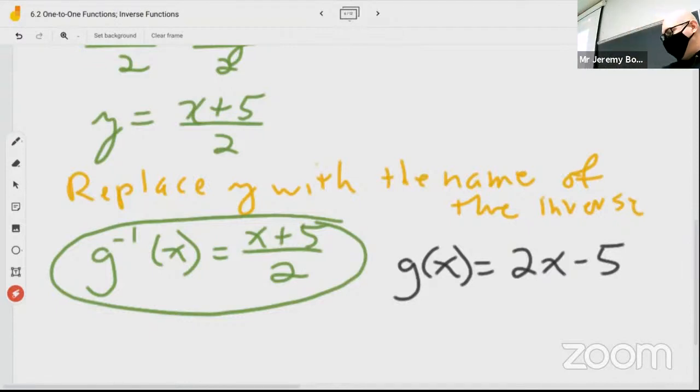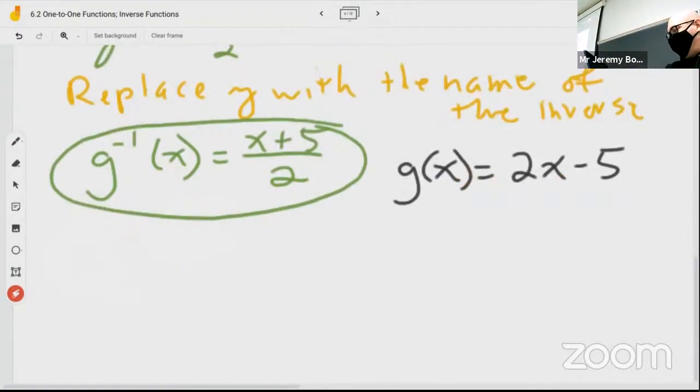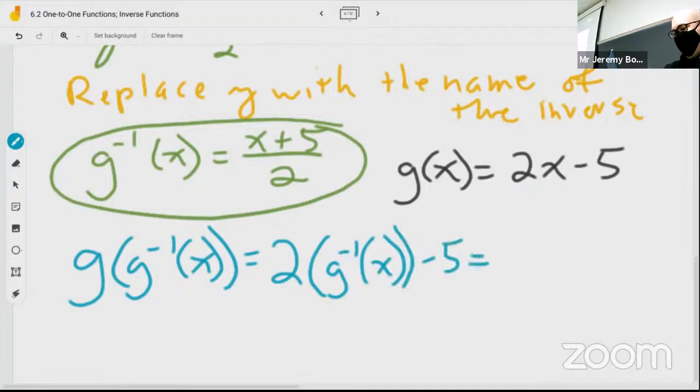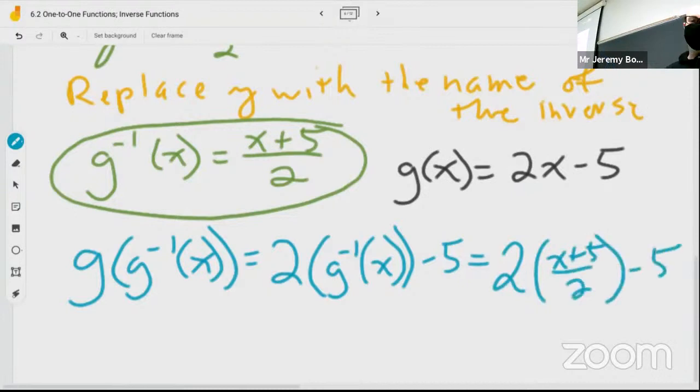If we want to test it, we can. Let's do g of g inverse of x. And so that's going to be 2 times g inverse of x minus 5, which is going to be 2 times x plus 5 over 2 minus 5.